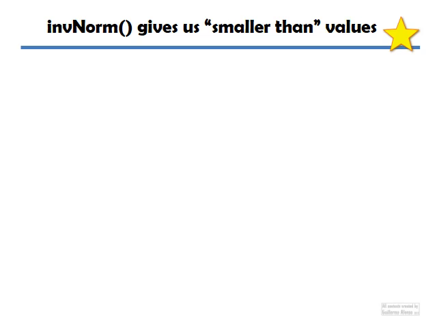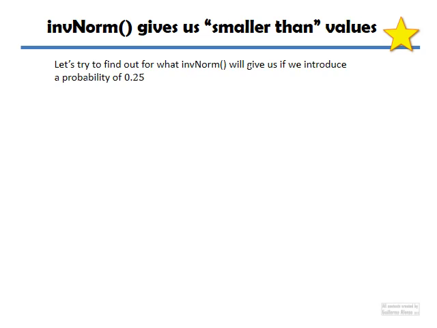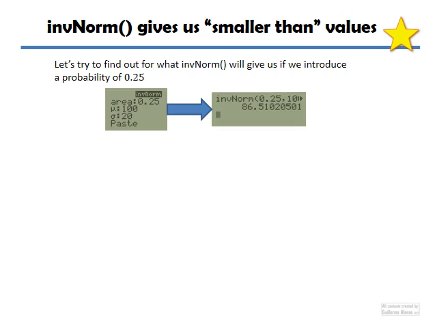Now what do I mean by that? I mean that, for example, we use the invNorm and we introduce the probability of 0.25 in my good old intelligence quotient distribution. So mean 100, standard deviation 20, and an area of 0.25. I introduce that and I get this value.